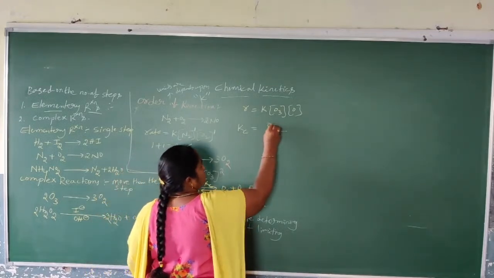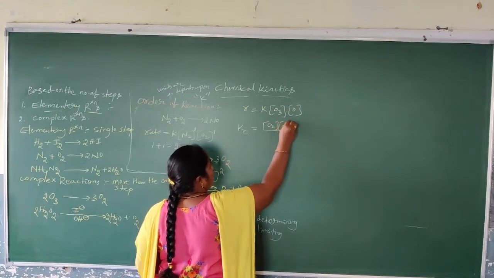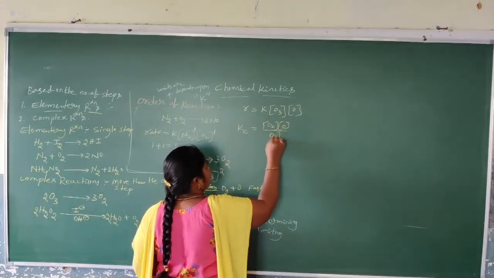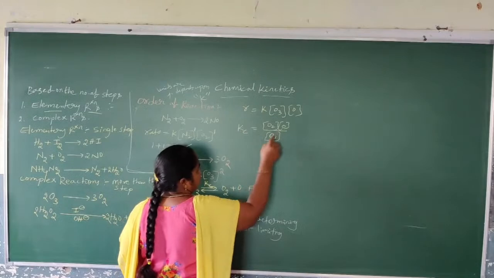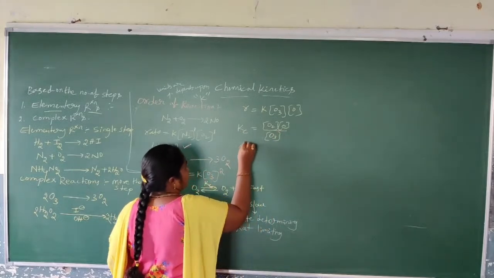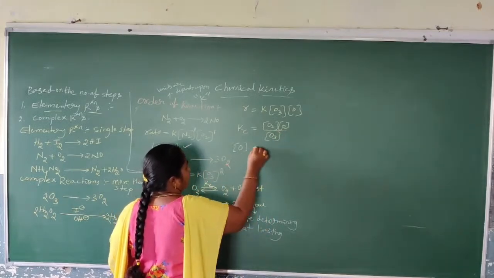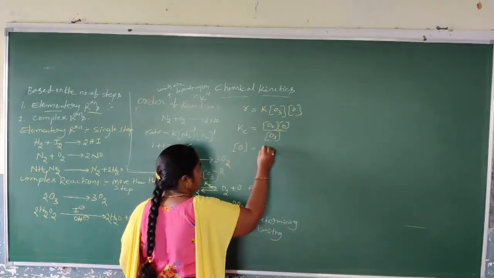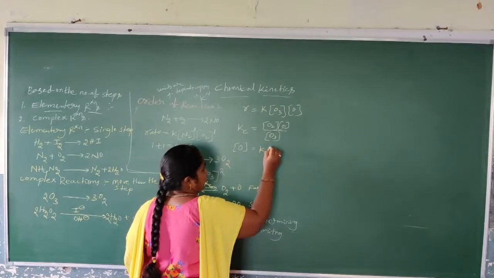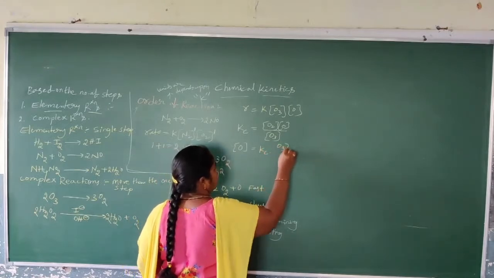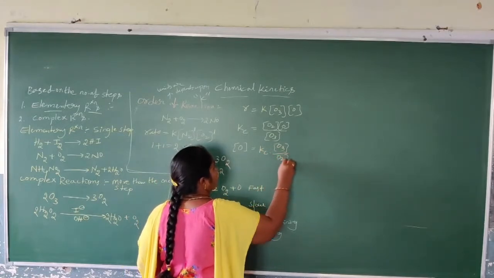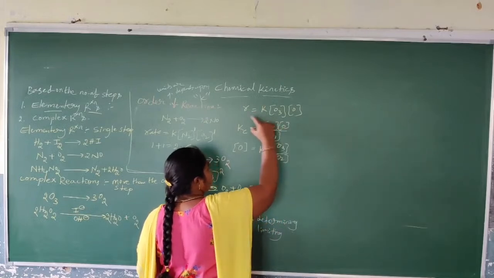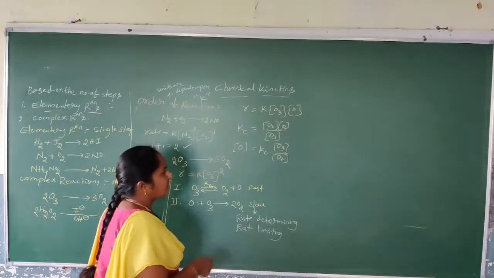So Kc equals O2 concentration into O concentration by O3 concentration. We want the oxygen concentration, so O equals Kc into O3 concentration by O2 concentration.